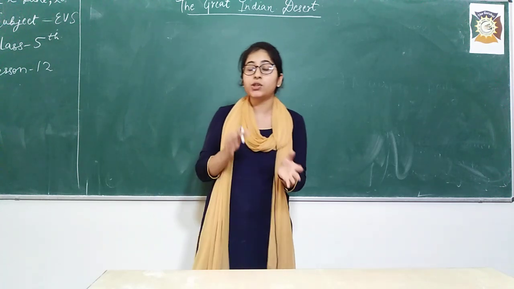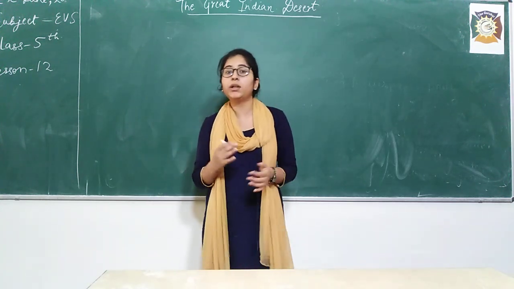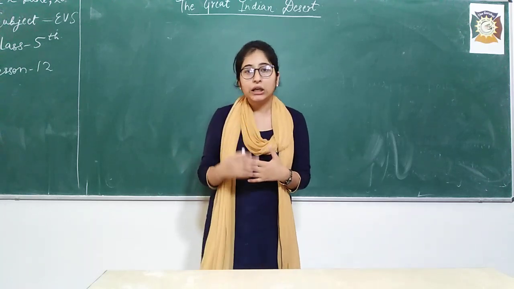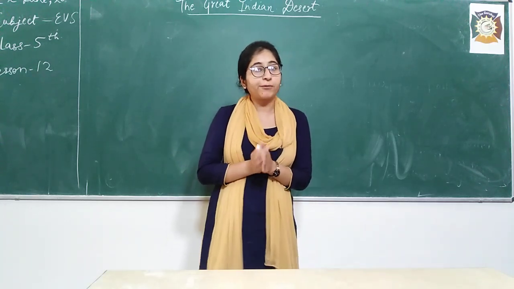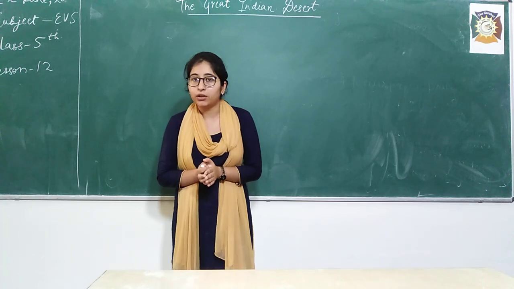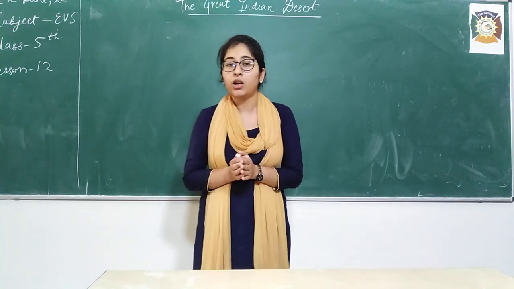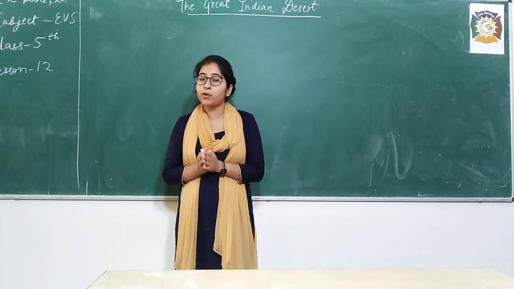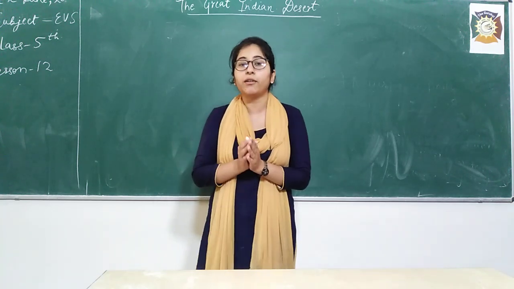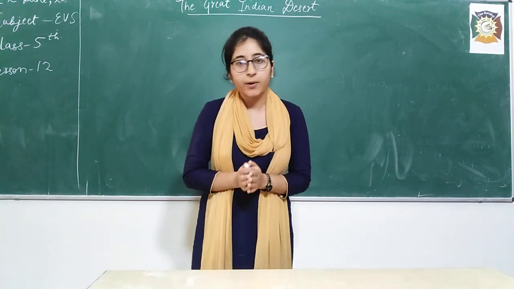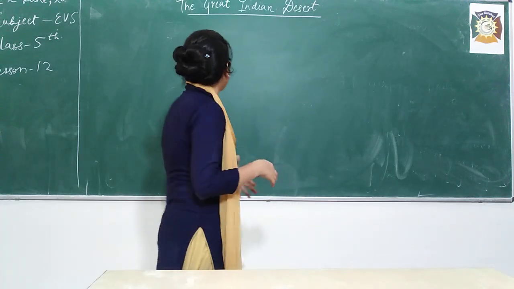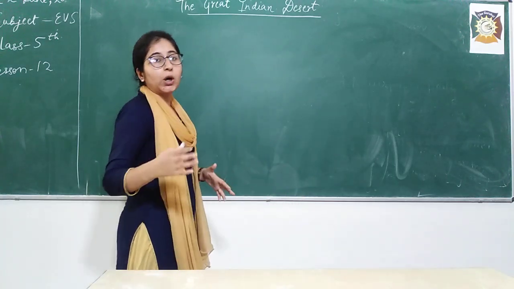It can cause dust storm because when wind blows, it takes away the sand dunes with it and the dust storms are created, right? So yes, after that we studied about the camel, right? We studied that camel is known as the ship of the desert. Why is it known as the ship of the desert? Because it is used for traveling purpose in the desert. Right? So students, today we are going to continue with a new topic.